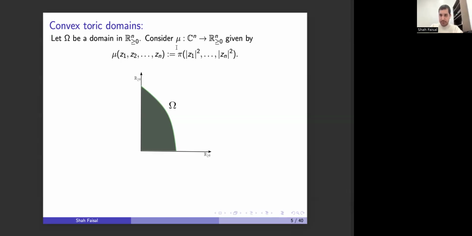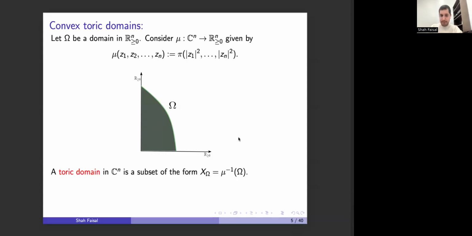And you can define a map. So consider this map, which basically sends a vector to the corresponding squared lengths of the components like this, and you scale by pi. Pi is just the number 3.14, something like this. A toric domain is a subset of Cn which can be written as an inverse image of some domain like this.